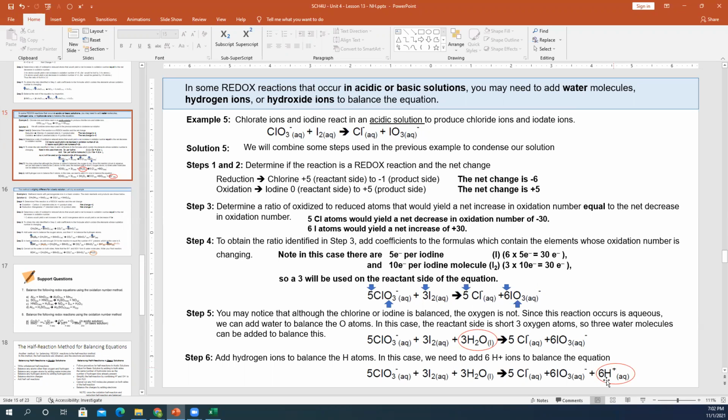So we need to add enough hydrogen ions on this side of the reaction in order to balance the whole thing out. And that is the steps for balancing a redox reaction that takes place in an acidic solution.